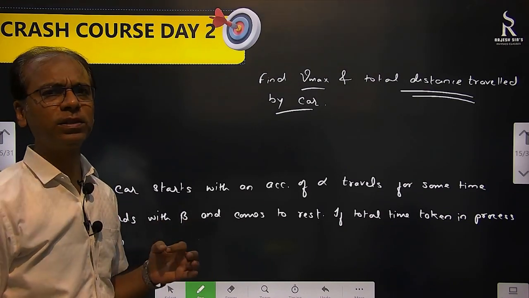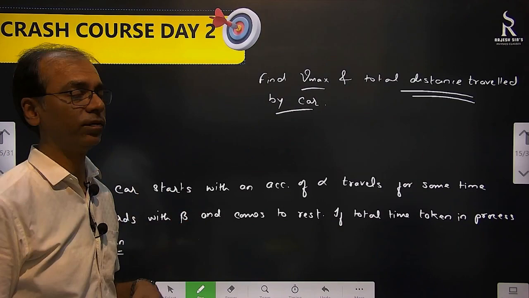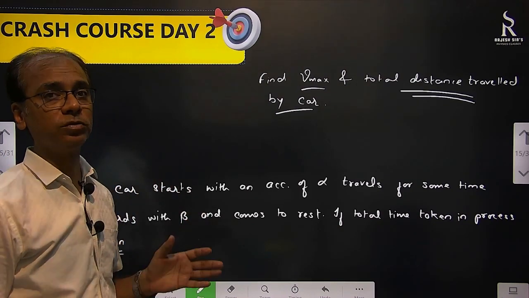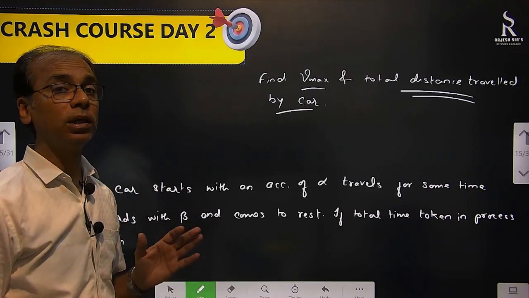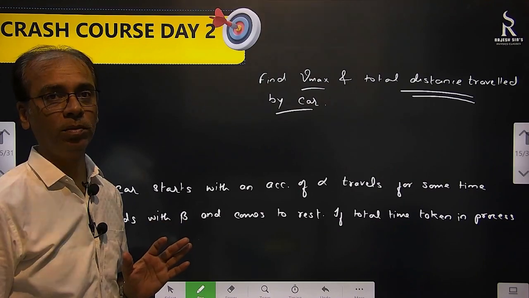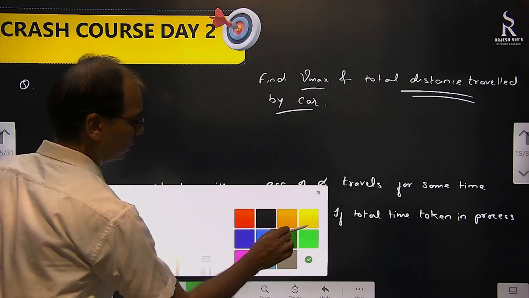In fact, the first graph you should construct, if at all you think you should do it with a graph, should be the VT graph only. Reason? Because the VT graph slope gives you acceleration and area gives you distance. So both things we can get from the VT graph. So I am going for the VT graph.